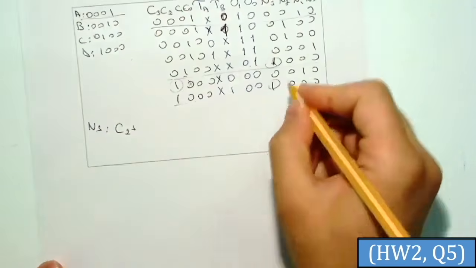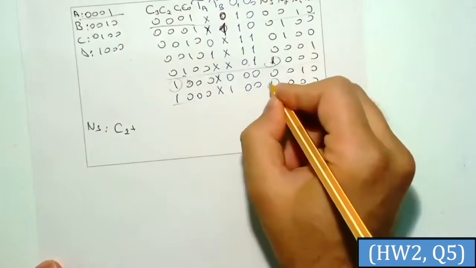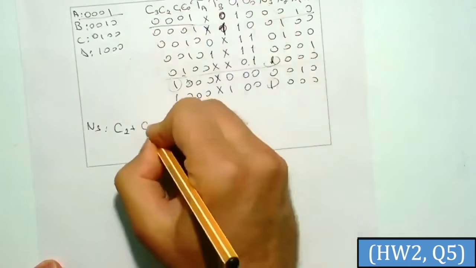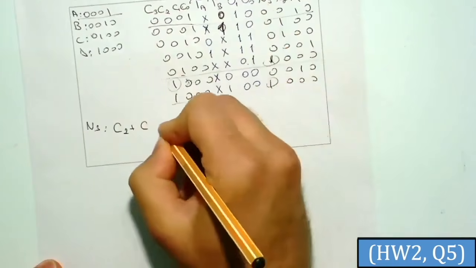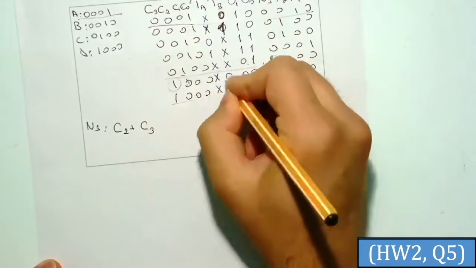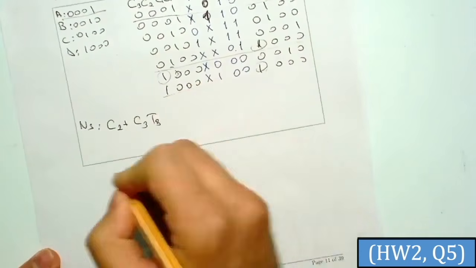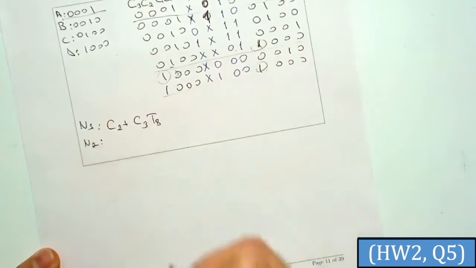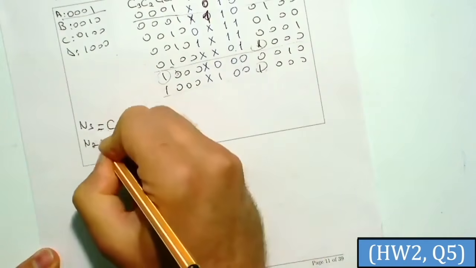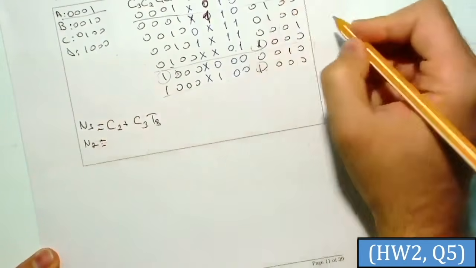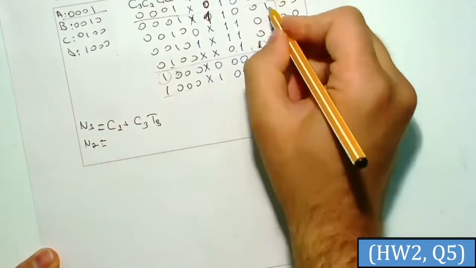All right, and the second one is this, when N3 is 1 and C3 and also TB, I guess. All right, okay. So for N2, I have 2 rows as follows.